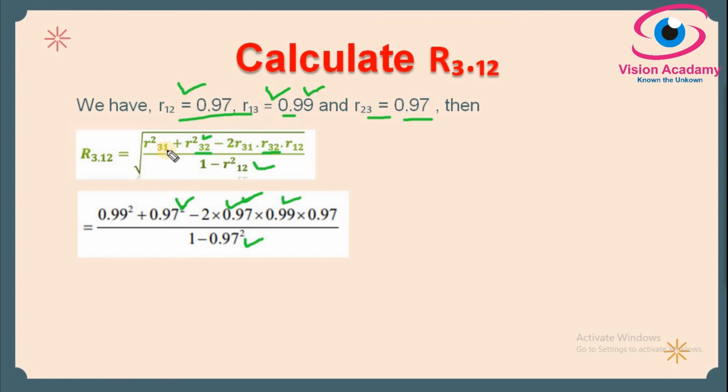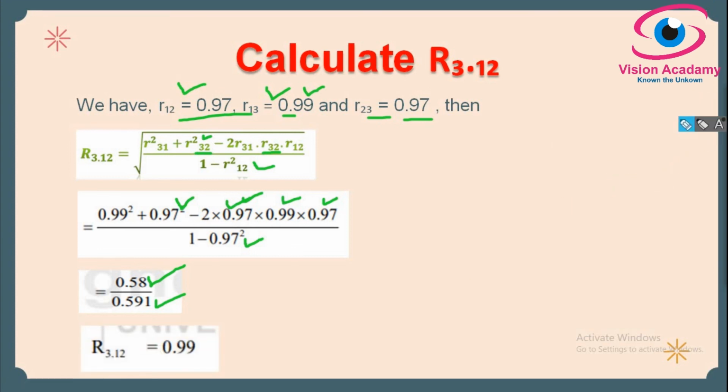So R31 means R13 which is 0.99, R32 means R23 which is 0.97, and R12 is 0.97. When we simplify that and subtract each value, we got 0.58 in the numerator, 0.591 in the denominator. So finally we got the value of R3.12 as 0.99.